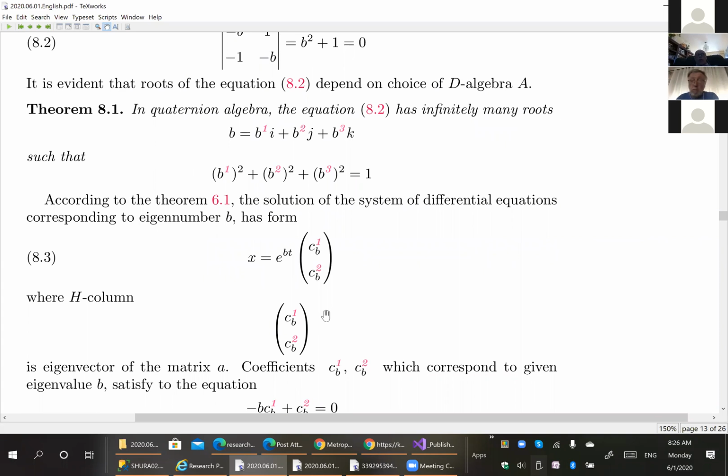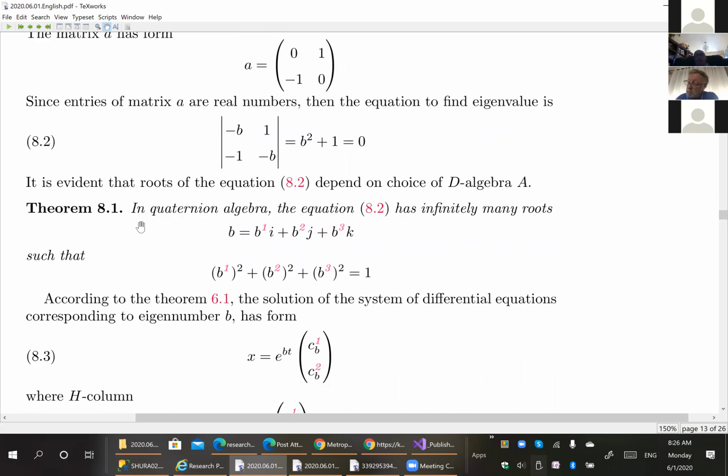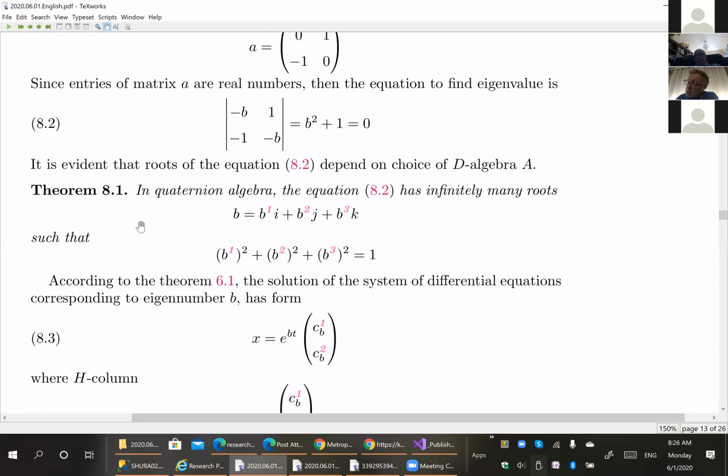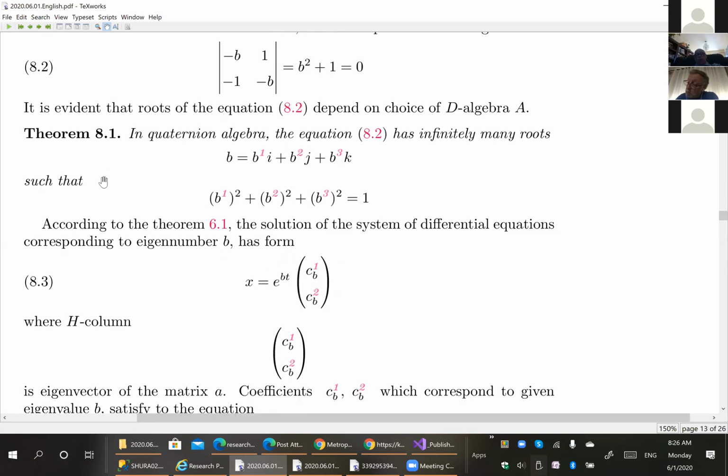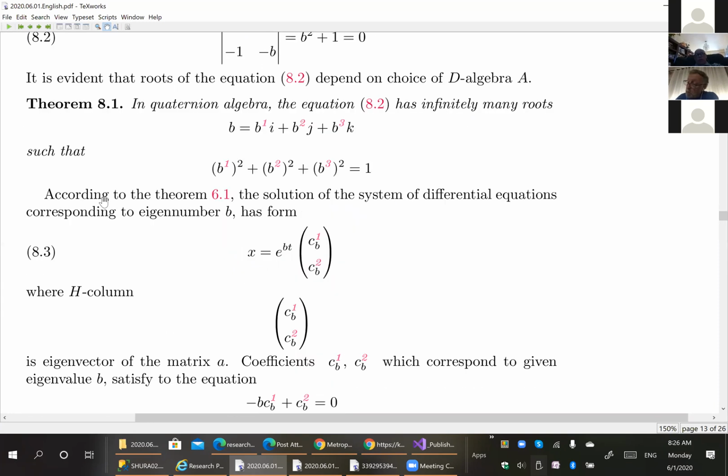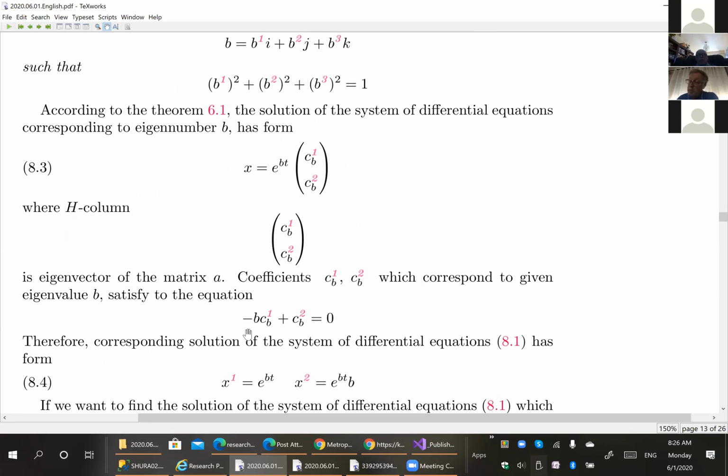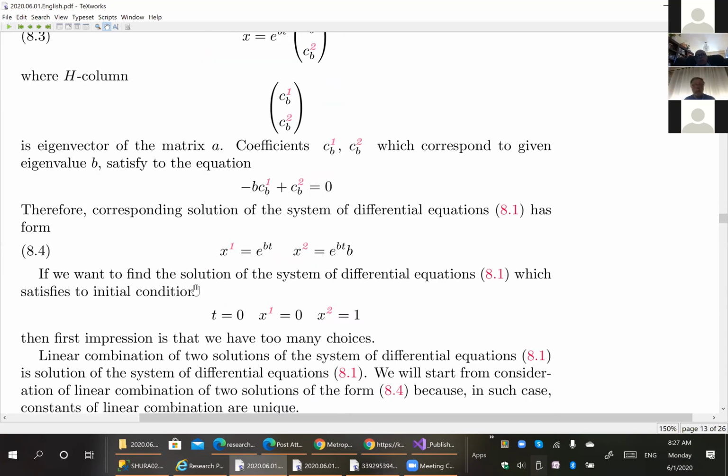And if I put this into the requirement that C1, C2 should be an eigenvector, then I get between them the equation minus B C1 plus C2 equals 0. So the general solution of the system has the form x1 equals the exponent, x2 equals the exponent times B.